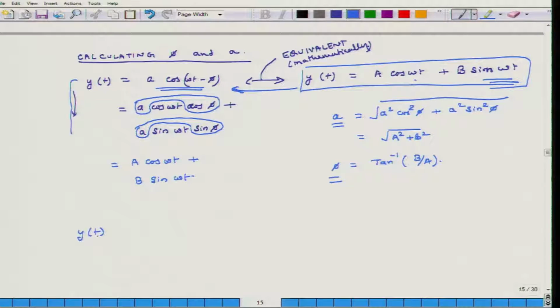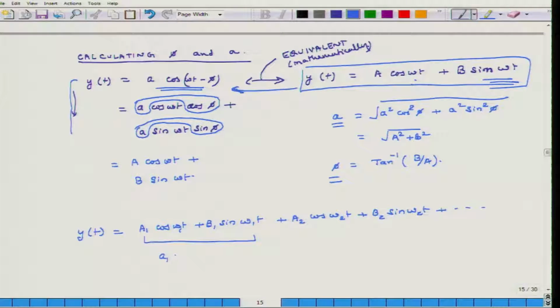So, if there is a signal y(t) equals a1 cosine omega 1 t plus b1 sine omega 1 t plus a2 cosine omega 2 t plus b2 sine omega 2 t, and so on and so forth, then for the first component the amplitude is the square root of a1 squared plus b1 squared, and its phase phi 1 is tan inverse of b1 over a1.